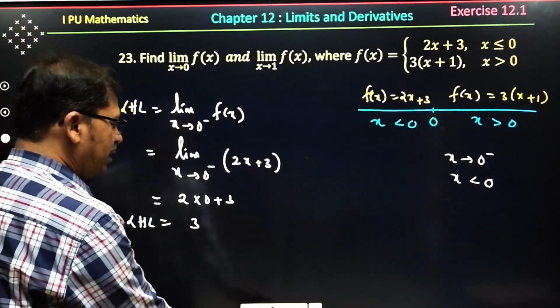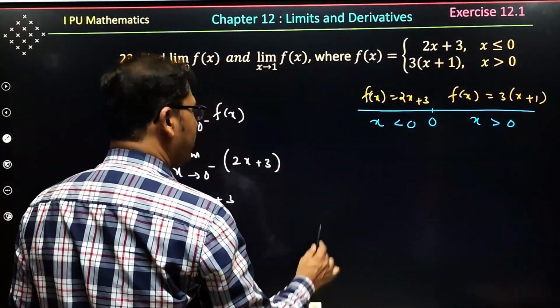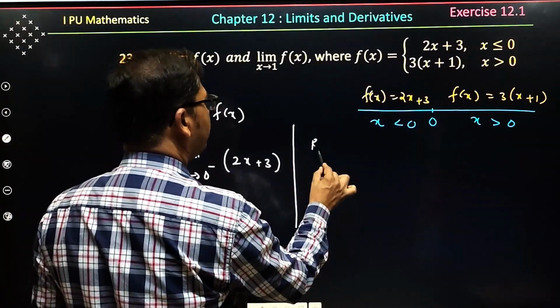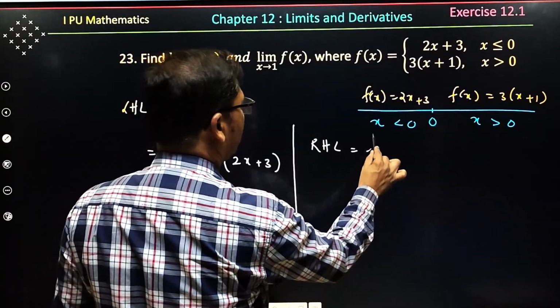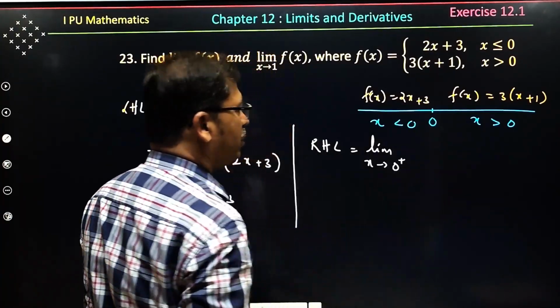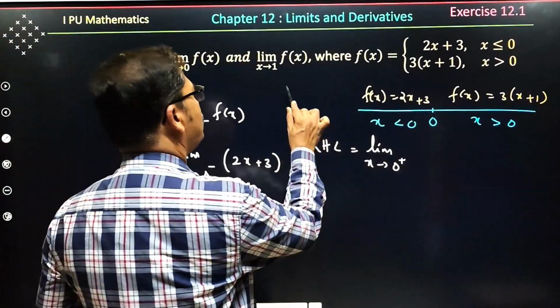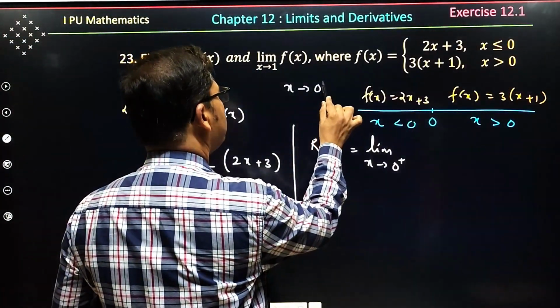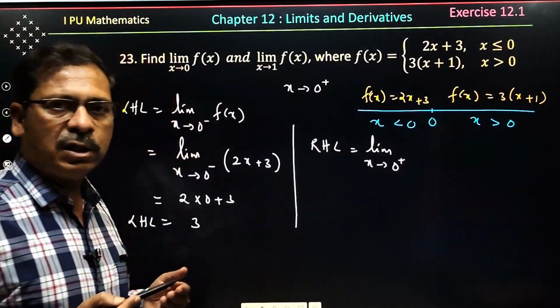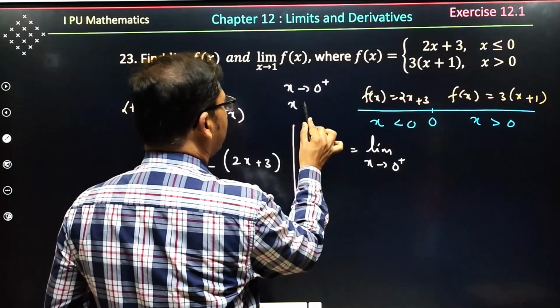Now let me calculate the right hand limit. Right hand limit is equal to the limit as x tends to 0 plus. X tends to 0 plus means x is greater than 0.